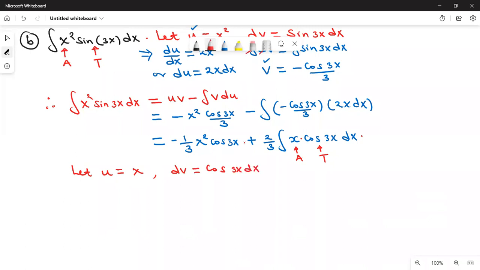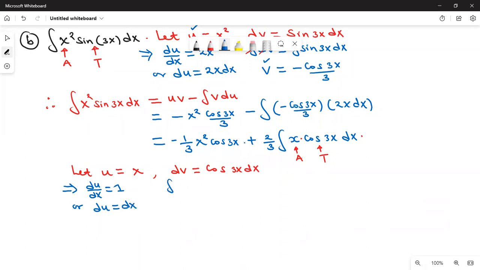So that when we differentiate u with respect to x, du dx will give us 1. Or you make du the subject, du is equal to 1 dx.